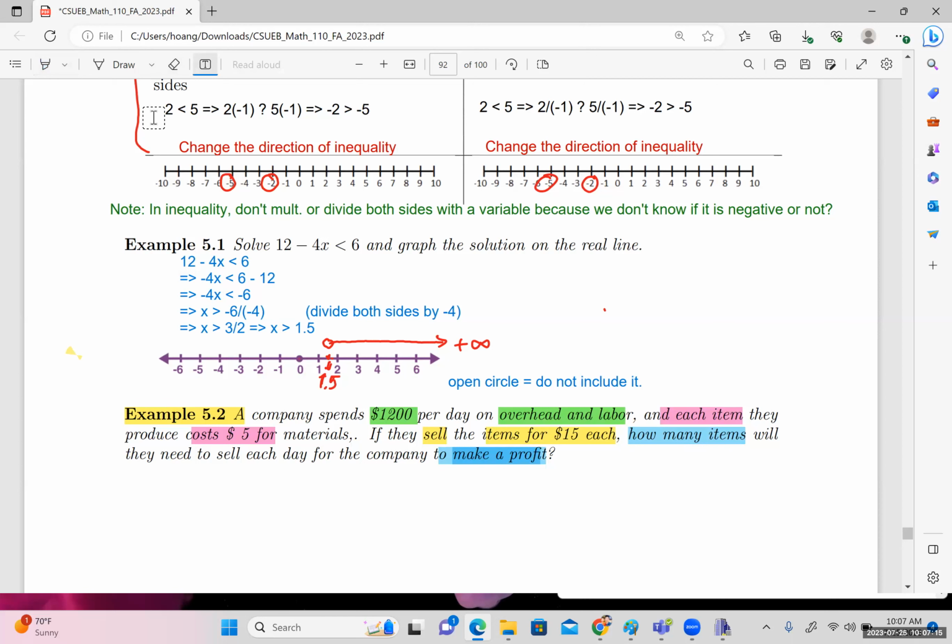So I'm going to label x as the number of items produced and need to sell.